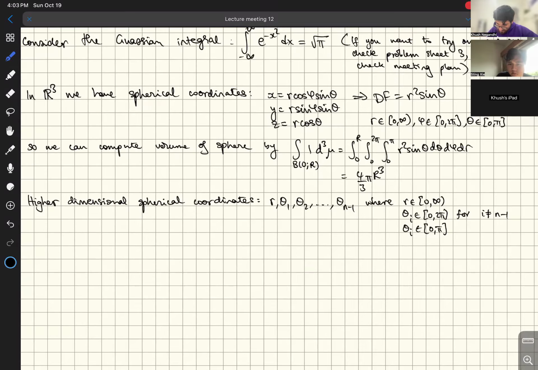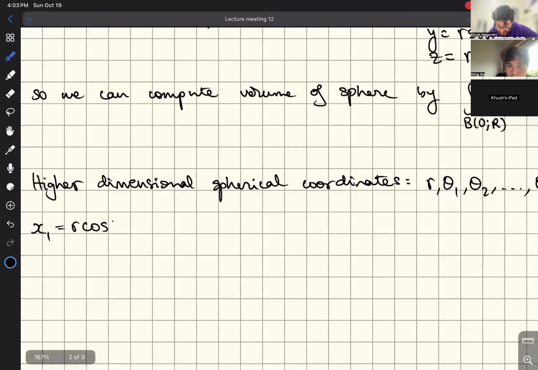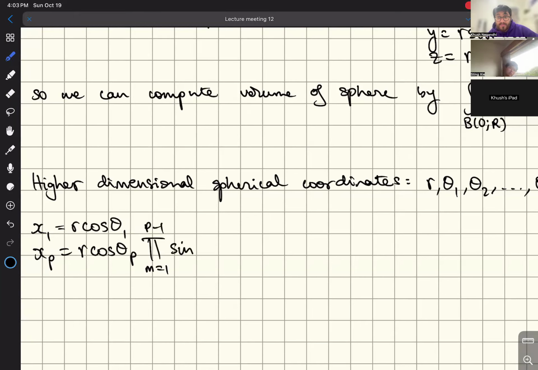You have x1 is given by r cosine theta 1. xp is given by r cosine theta p times the product from m equals 1 to p minus 1 of sine of theta m.